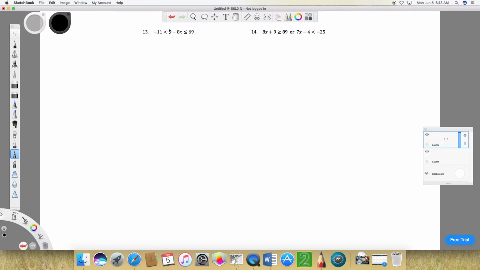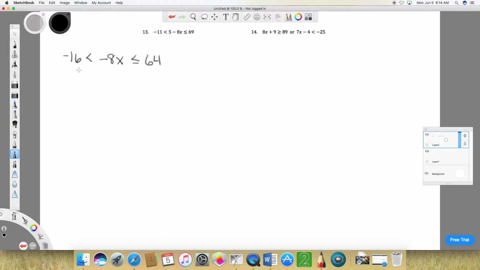So negative 11 minus 5 is a negative 16. And when I subtract 5 in the middle part, I'm just left with the negative 8x. And that's less than or equal to, and when I subtract 5 on the far right side, 69 minus 5 is 64.